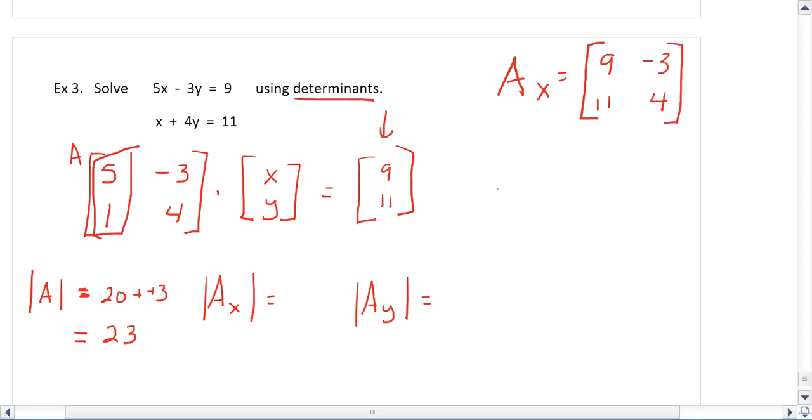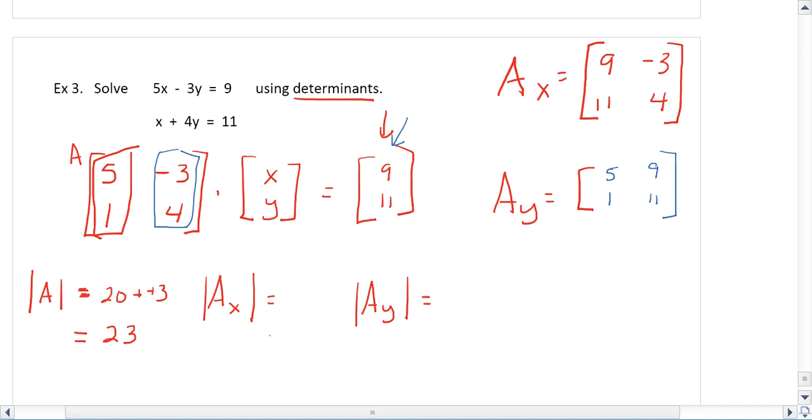All right, so there we've created A sub x. Now let's create A sub y by removing or pulling out the y coefficients and replacing them with the answers. So we're going to leave the 5, 1 in there and replace the y coefficients with 9, 11.